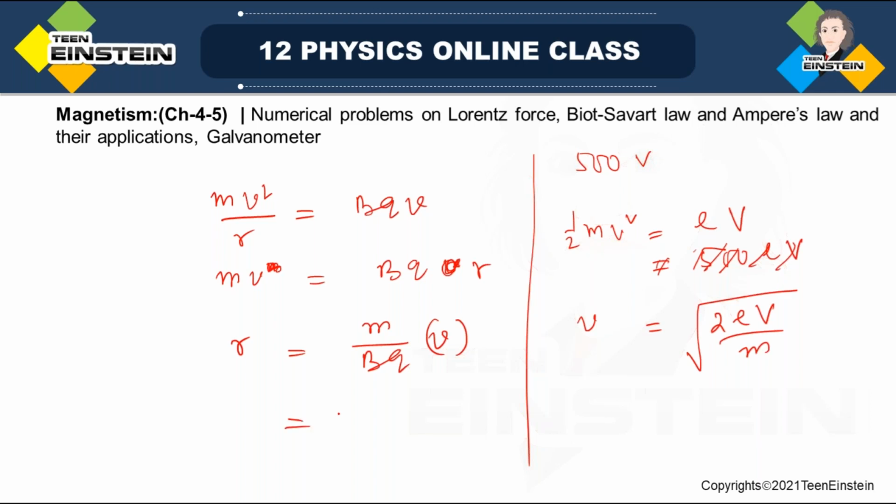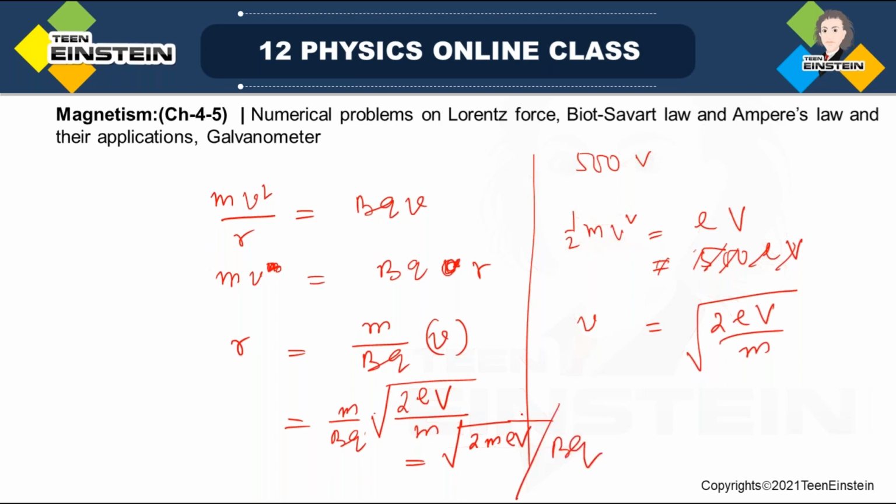Now if you put it here, m by bq is fine. Now you have to put v. V is equal to square root of 2eV divided by m. That means the formula becomes, if I keep this in the denominator outside the square root, square root of 2meV by bq.